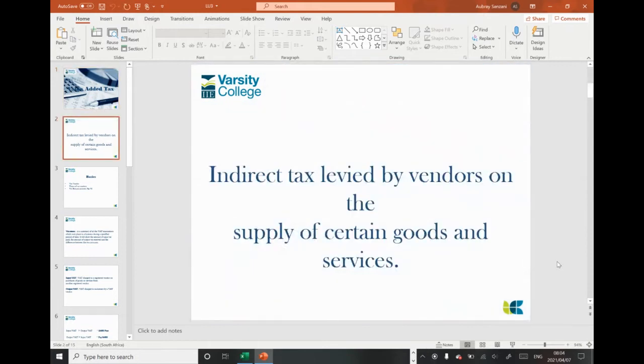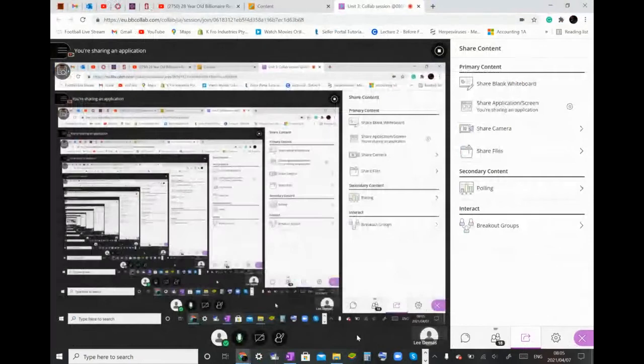First things first. When it comes to tax, I'm sure we're all familiar with tax and what it is. But we have two types of tax. We have direct tax and we have indirect tax. Now, direct tax is the tax that we pay as individuals. Just want to quickly make sure my mic is working.